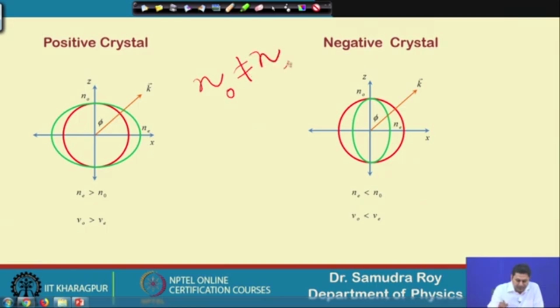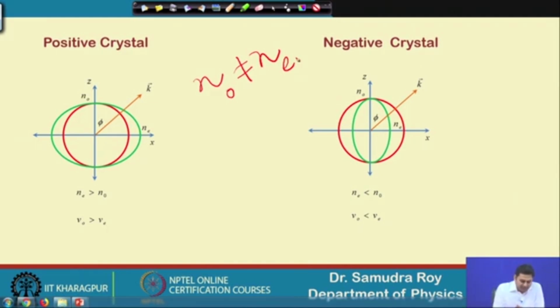That means the refractive index of the ordinary wave is not equal to the refractive index of the extraordinary wave, and the extraordinary wave and ordinary wave propagate at different velocities, obviously because their refractive indices are different. Based on that information, I can find two different kinds of system. One is positive crystal and another is negative crystal.